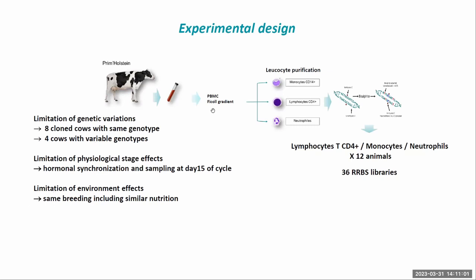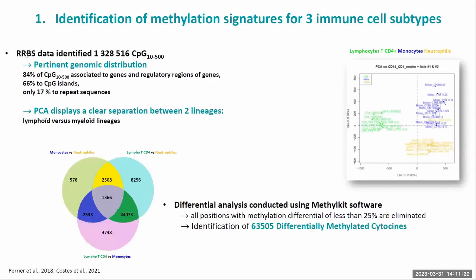From the blood sample, we perform a purification of PBMC, and after, purification of the three subpopulations of leukocytes: monocytes, CD4 T lymphocytes, and neutrophils. Using RRBS, we identified more than 1.3 million CpG with a pertinent genomic distribution.